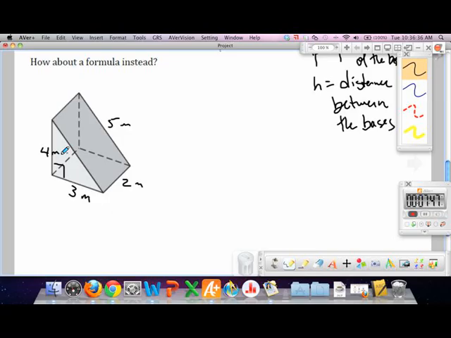We're going to name prisms by what the shape of their base is. So if the base in this case is a triangle, then we'll call this a triangular prism. It can really help to just identify what the prism's name is, and then that should point us in the direction of how to continue the problem. So in this triangular prism, we know that one of the bases has to be a triangle.